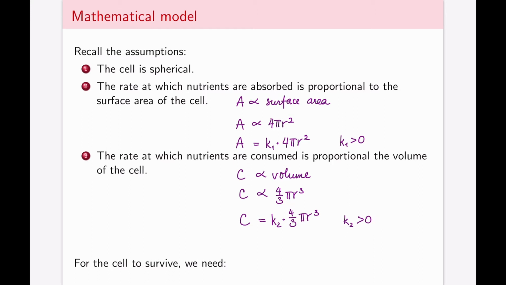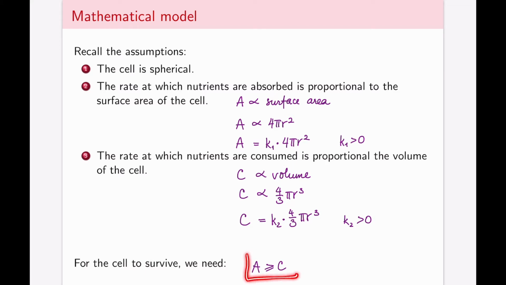Fantastic. So we decided that for the cell to survive, we need the absorption to be greater than or equal to consumption. And now we have both of the formulas present in terms of various proportionality constants, pi constants, and more importantly, the radius of the cell.